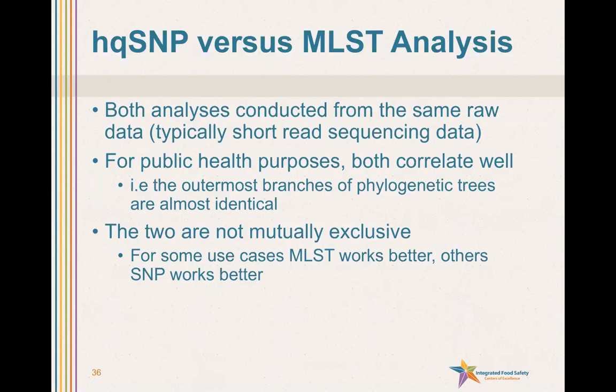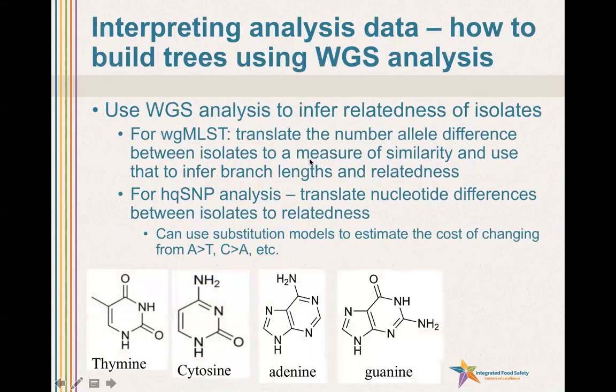But for some cases, and it could be for some types of organisms, MLST may work better. For other ones, SNP may work better. And that is going to become more clear as we do more large-scale analysis on more different types of organisms. But bottom line is both of them will work, typically give you very similar or the same results, but in some cases, it might be helpful to run both analyses.